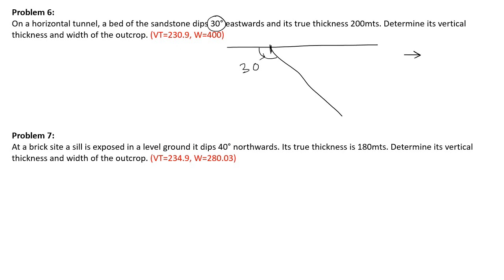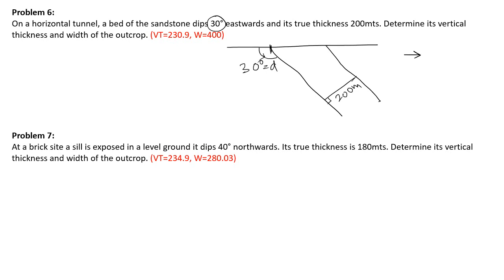This is nothing but a 30-degree dip. Now I know the true thickness. Perpendicularly, I'll extend this line 2 centimeters, whose distance is 200 meters. Then parallelly, from this corner also I'll draw one more line.